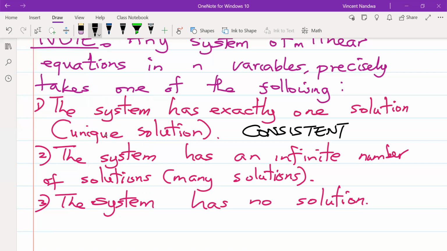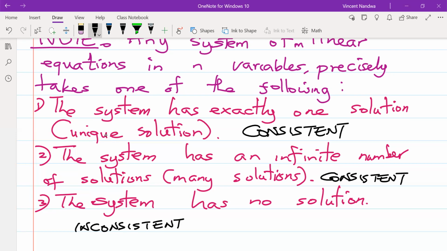If it has an infinite number of solutions, consistent or inconsistent? Consistent still. If the system has no solution, inconsistent, correct. So that's what we have.